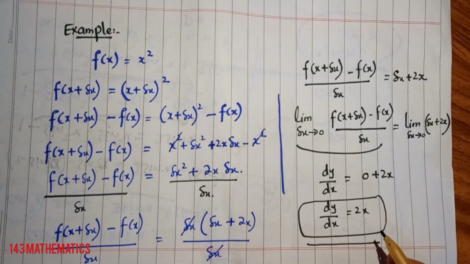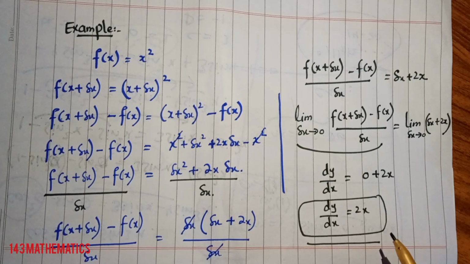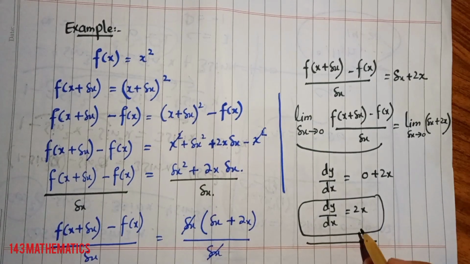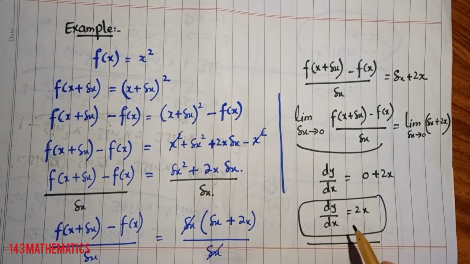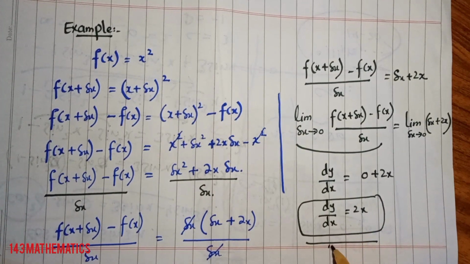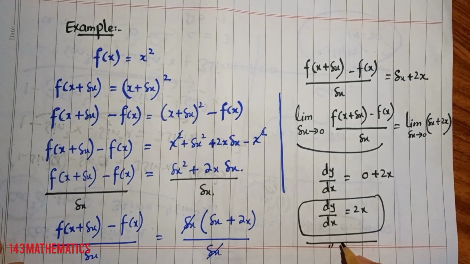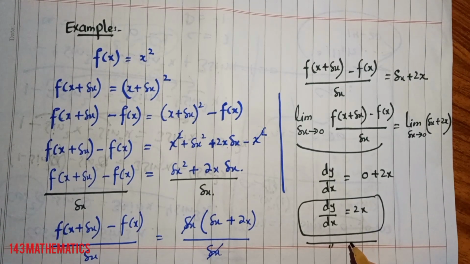So this is the derivative of the function x square. So what is the meaning of this 2x? The meaning of this 2x reveals information about the change or rate of change. What is rate of change?